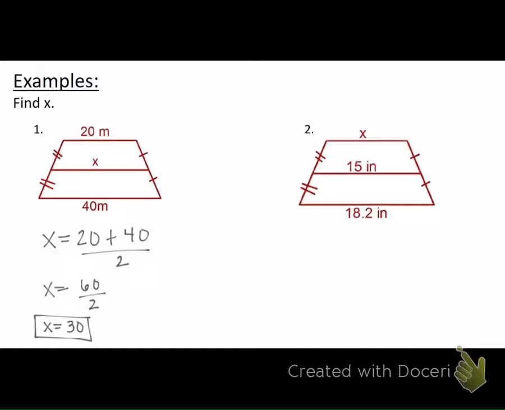Again, to find the mid-segment, which in this case is 15, you do x, the upper base, plus the lower base, and you divide by 2. So how can we solve for x in this problem? What would you do first to solve for x? Yeah, I would multiply by 2 on both sides. So I get 30 equals x plus 18.2.